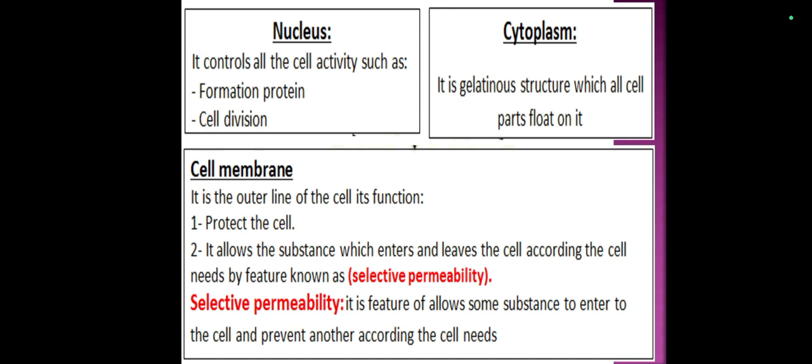When I select some students to answer during the lesson, Miss Hadil is making a selection, or selecting some students. Just like the cell membrane has selective permeability, it allows some substances to enter the cell and prevents others according to the cell's needs. That's the feature we can see at the cell membrane.